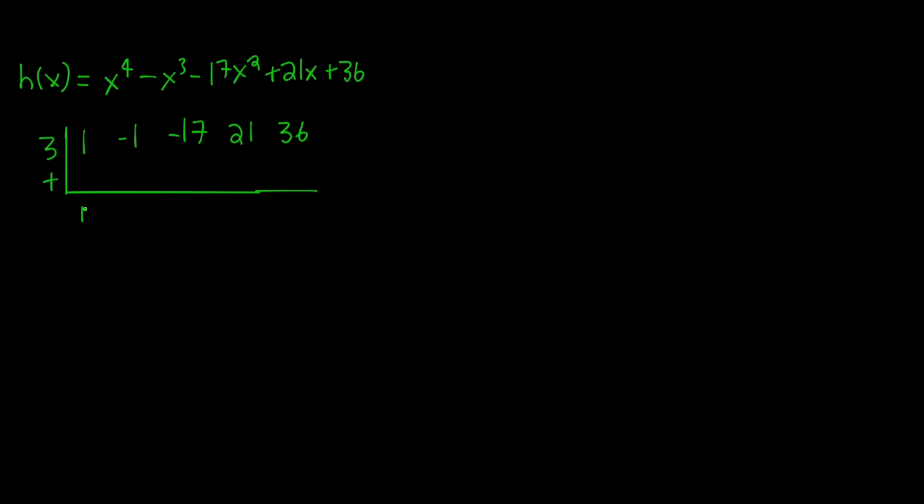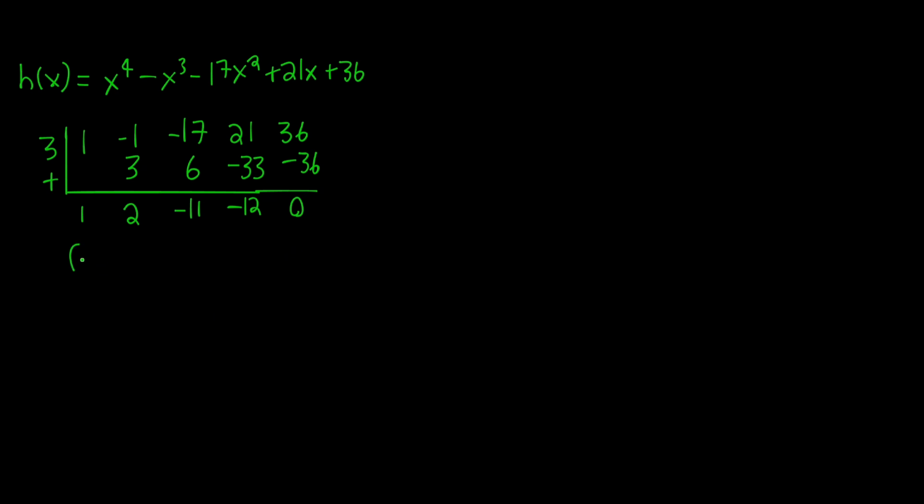So we pass the 1 down, we're going to get 1. 1 times 3 is 3, so we write that there. And we're just going to keep going through this. -1 plus 3 is 2. 2 times 3 is 6. -17 plus 6 is -11. 3 times -11 is -33. 21 minus 33 is -12. It's going to give us 36, and that gives me 0 there.